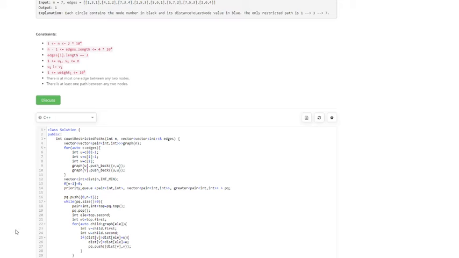Let me define a DP of n. Let me initialize all the DP with int min, so this way we will know whether this particular subcase was already solved. We pass the graph and DP.